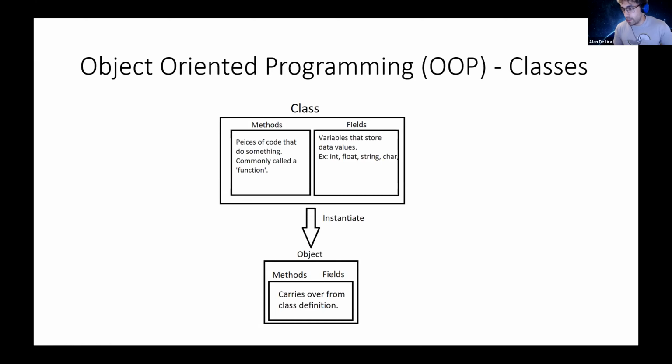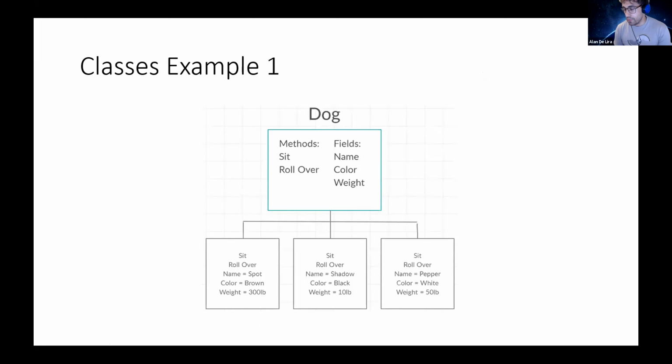And if that's kind of confusing, I have some examples to help you understand it. I have two examples. The first one is a class called dog. In this class called dog, it has a couple of fields: the name of the dog and the color of the dog, and it has methods or functions.